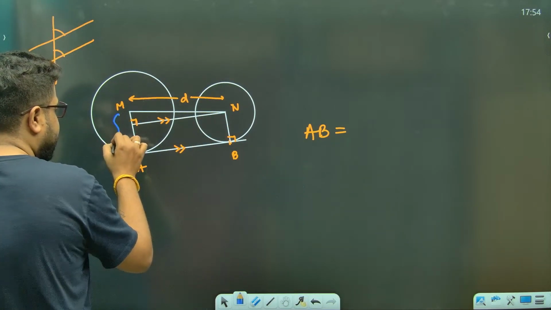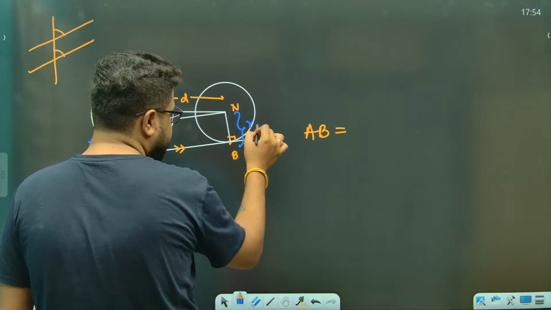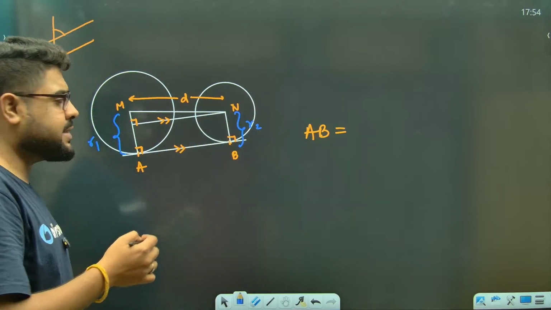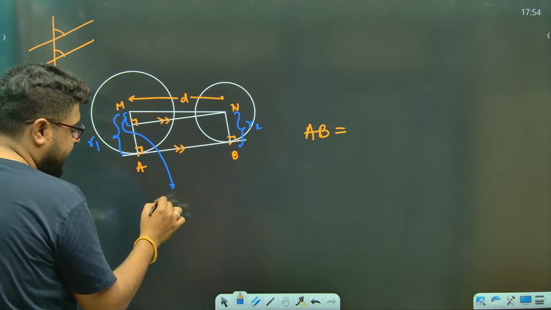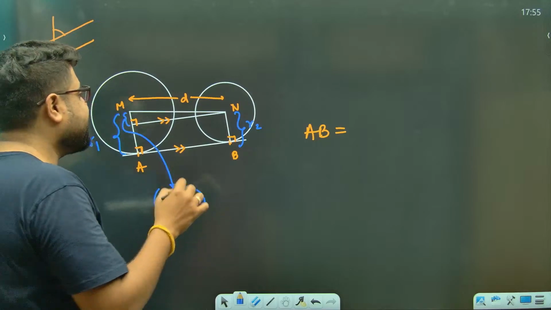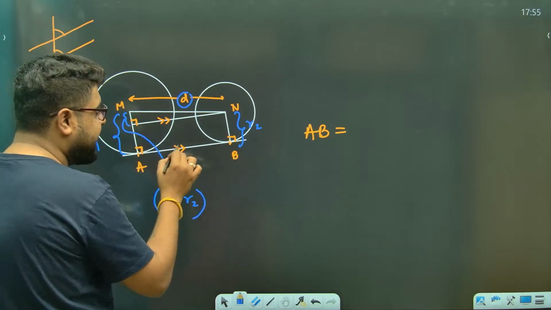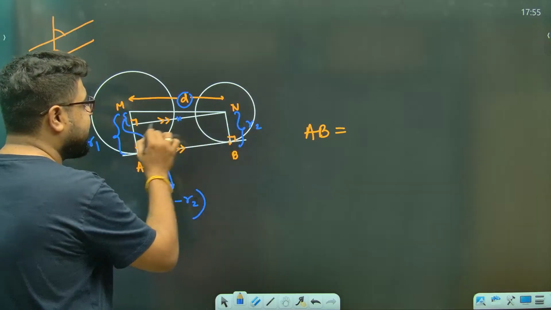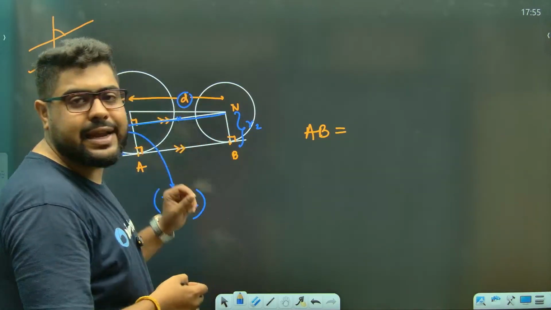So this whole length was R1 and this whole length was R2, both are radii. Can I say this part is R1 minus R2, and this is D? I need the length of AB. The length of AB is equal to the length of this parallel line, because this is a rectangle actually.